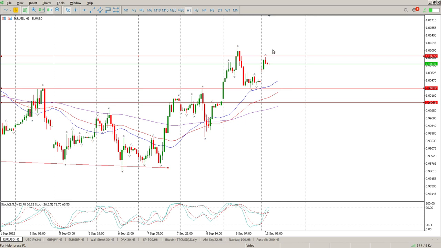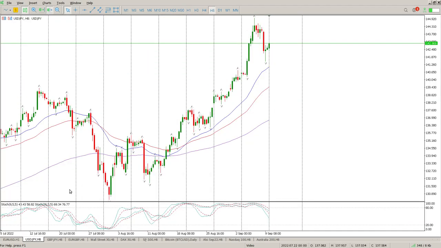I think there's a possibility that we either just range today, being a Monday, so in other words come back down here and just bounce around, but this would be an area for me to look for longs, and if we do get above 1.00972, I think that is going to set us up for a little bit more of a move to the upside.